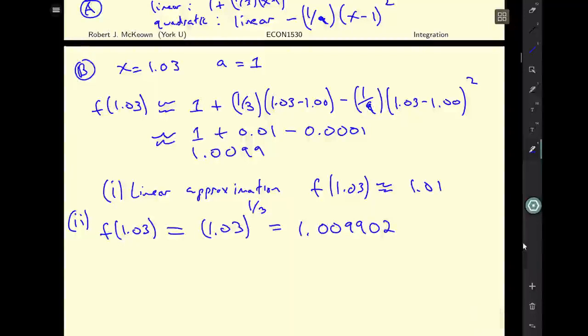So taking a look at what we've done, which approximation is closest?